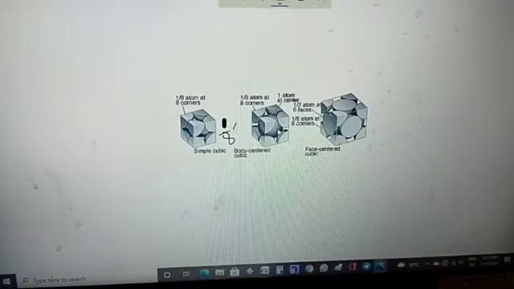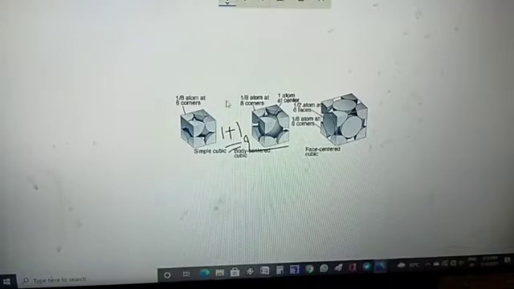This central particle belongs to only that particular unit cell. So here 1 and here 1. So in the body centered cubic unit cell, 1 plus 1, the number of atoms present is 2.